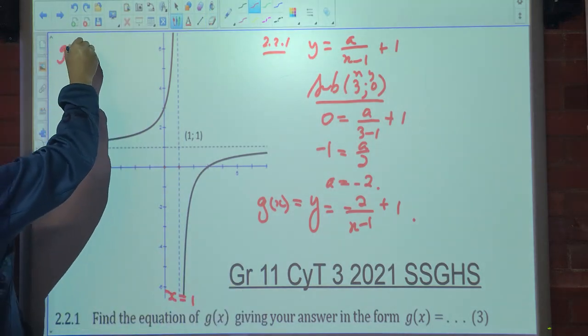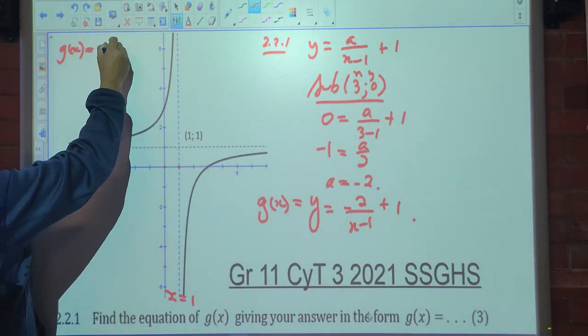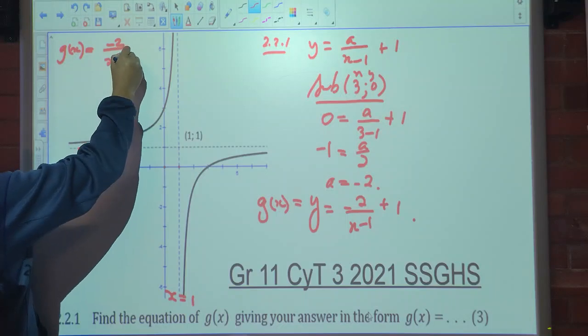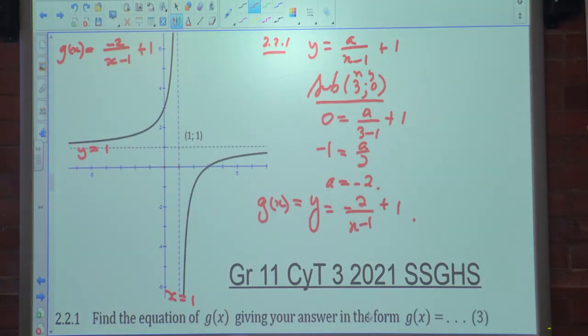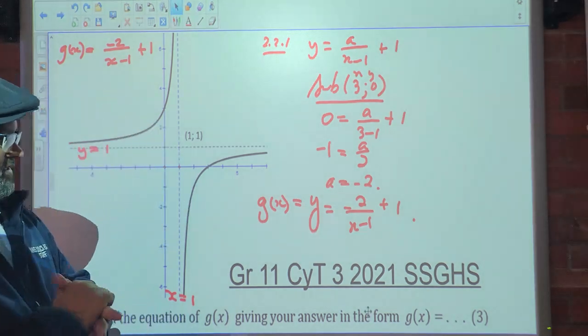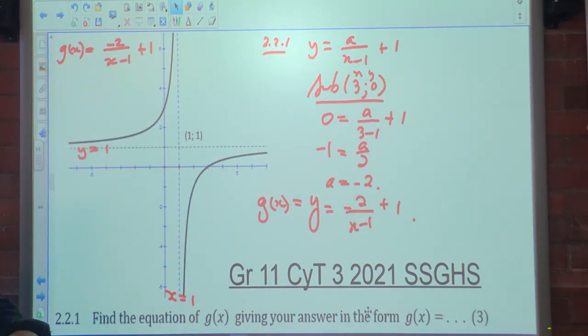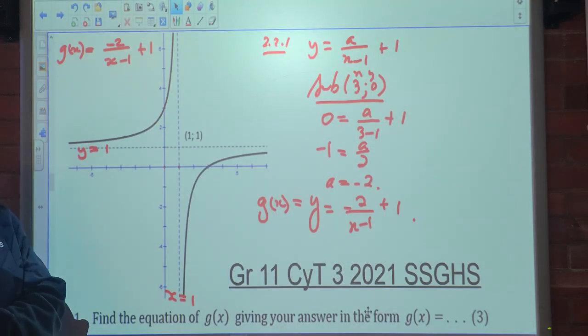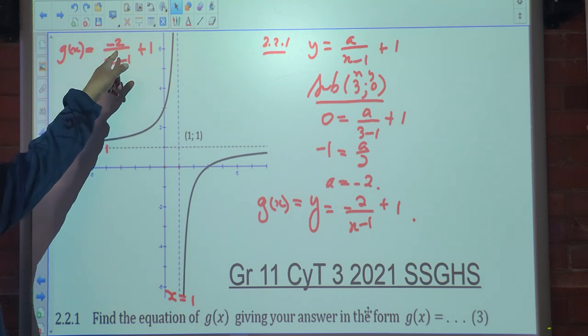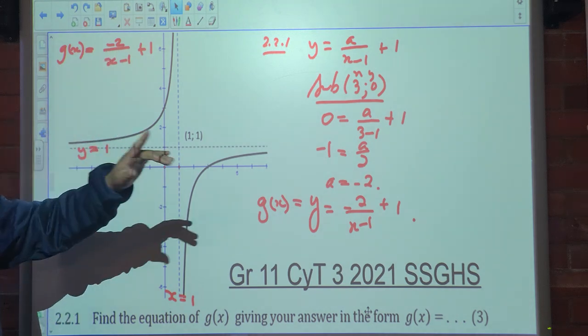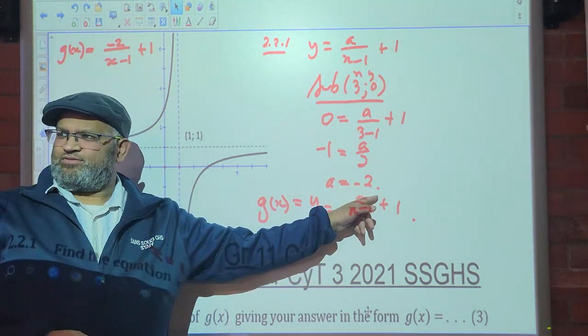So g of x is equal to negative 2 over x minus 1, plus 1. Memo? Negative 2.